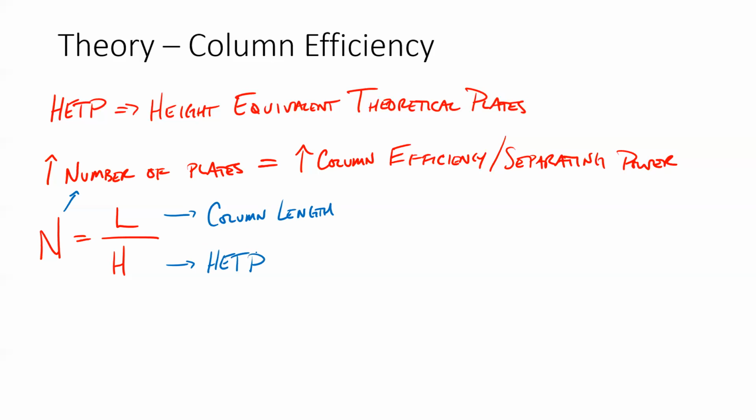The reason I giggled a little bit is because when we discuss column lengths, you say there's 10,000 plates in a 25 centimeter column. You're not necessarily going to give that column height in centimeters. You're going to change it to micrometers or whatever. And it made me think about one of the questions that we had. If you wanted to increase signal to noise, you need to add a certain number of scans.